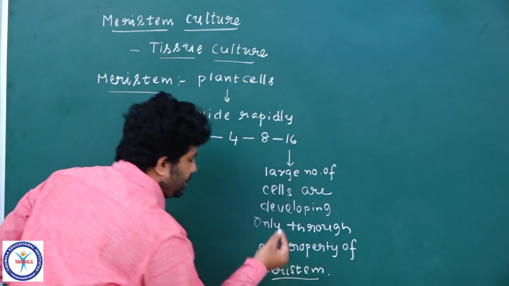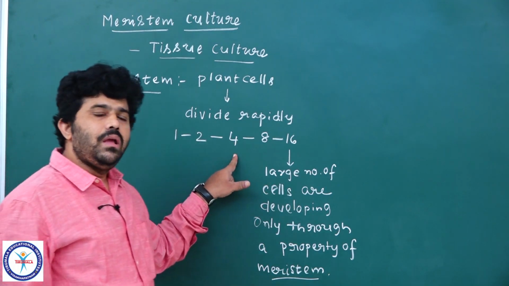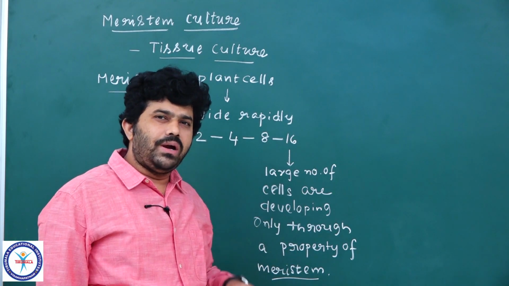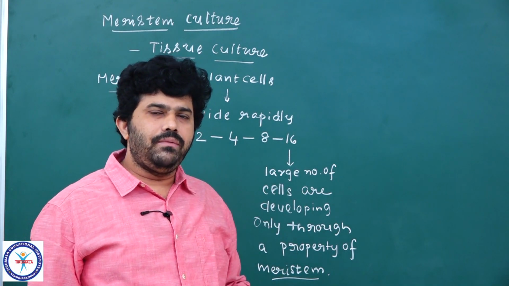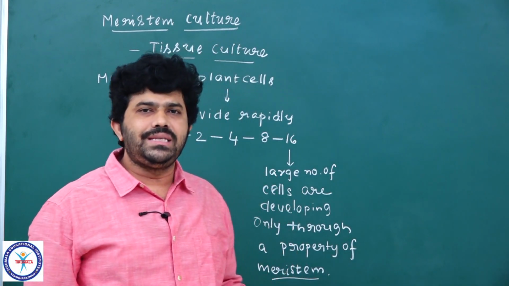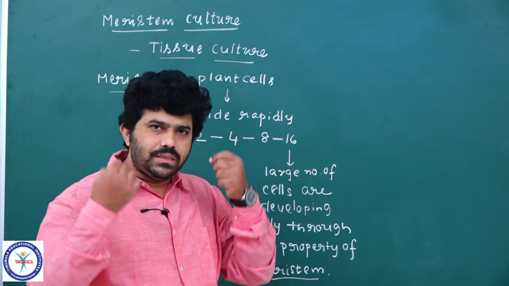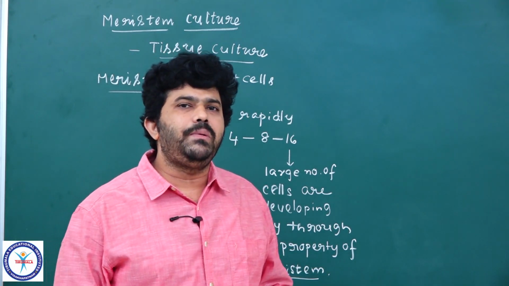Based on this property of meristem, whatever the cell we observe, whatever the living form it may be, whether unicellular or multicellular, they started their life from a single cell.